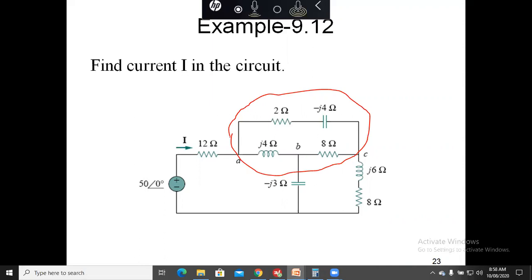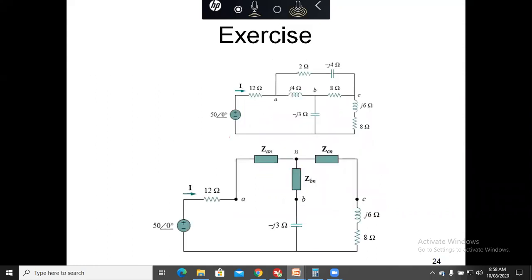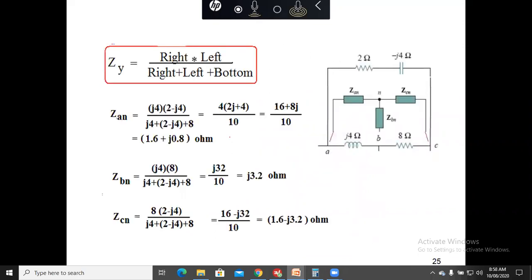So we solve this delta network first because it's already the phasor representation. So we don't need to convert it into the phasor representation.